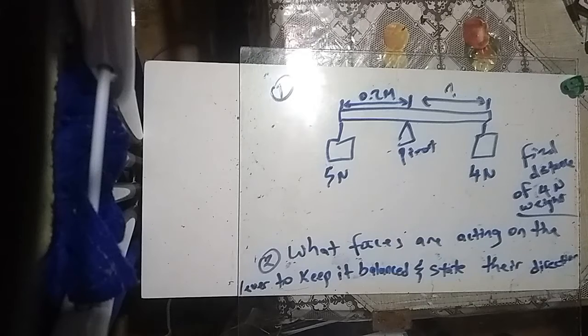Alright guys, having looked at the principle of moments, which is that the sum of anti-clockwise moments must be equal to the sum of clockwise moments, we can go into some more high-end questions, which is a simple approach still, as you would have seen if you checked out the past papers.